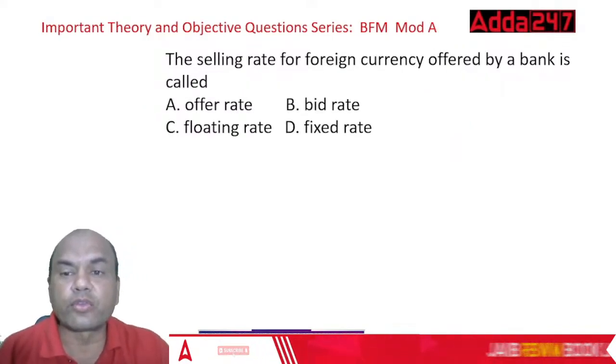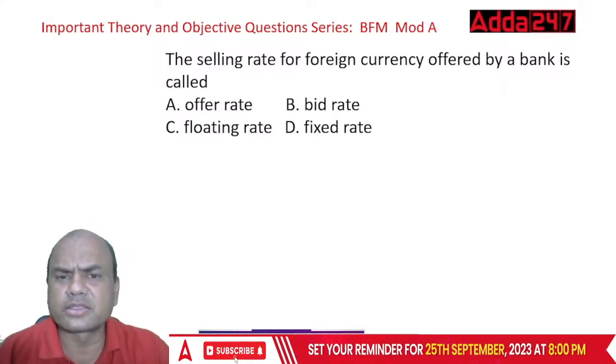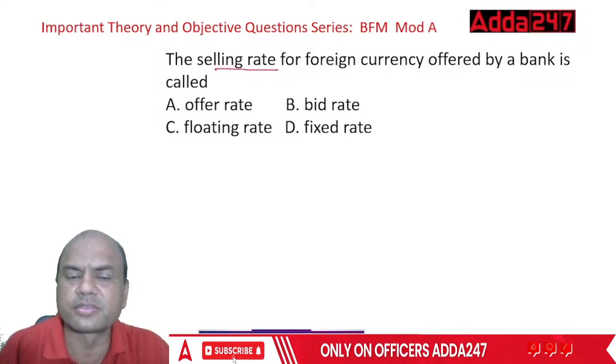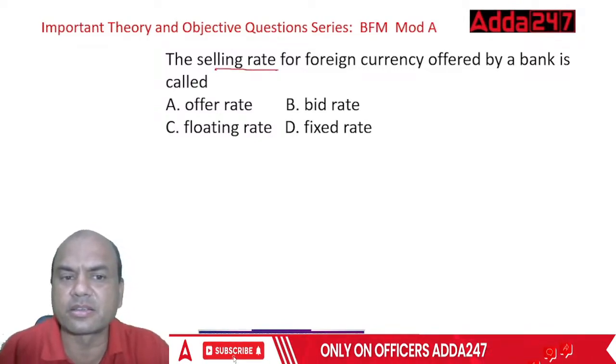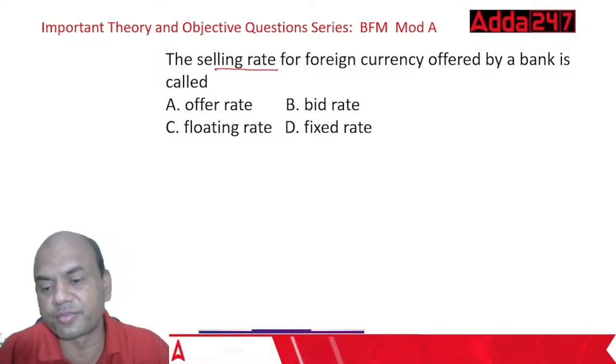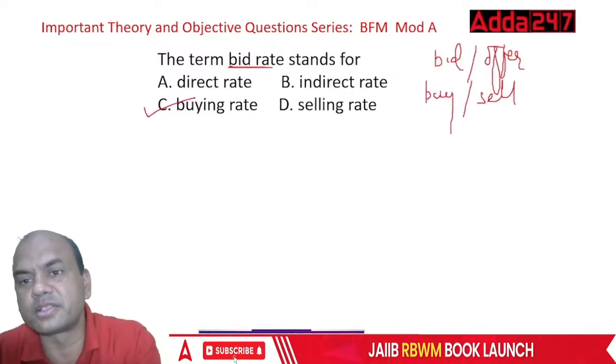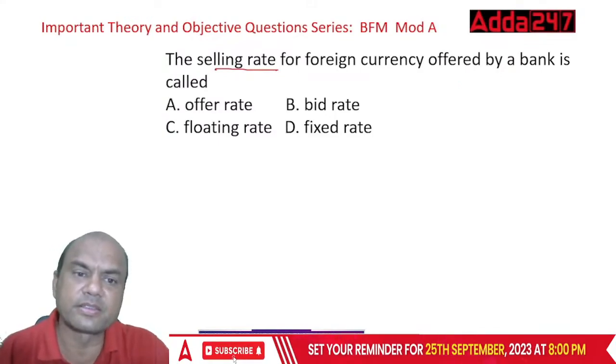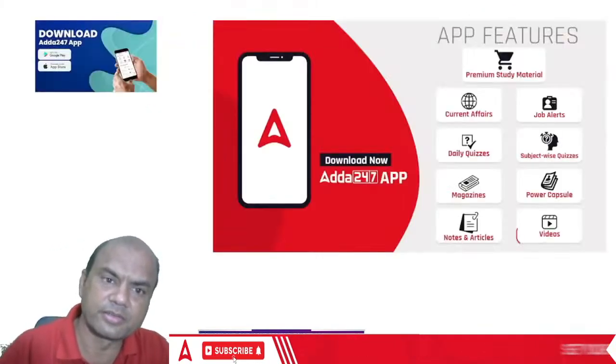The selling rate of a foreign currency offered by a bank is called what? The sell rate is known as what? Give me in the comment section. Just now we saw it. Sell is what? Type fast. Offer, isn't it?